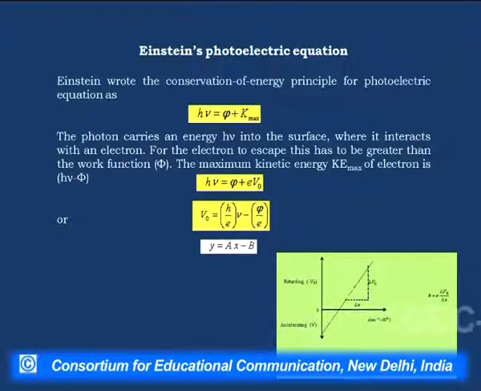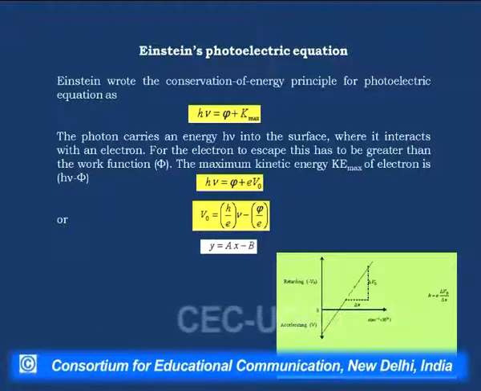Now we can write V naught is equal to h by e into nu minus phi over e. You can write this equation, and now this equation is like y is Ax minus B. So, it is an equation of a straight line with a negative intercept.